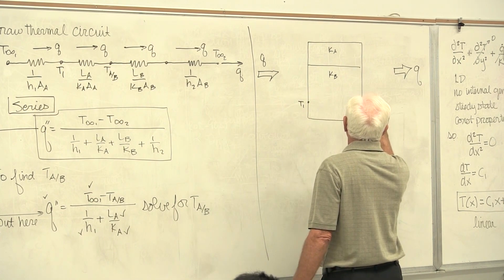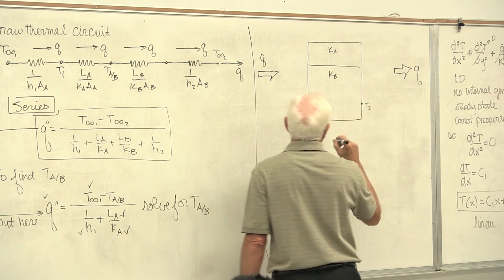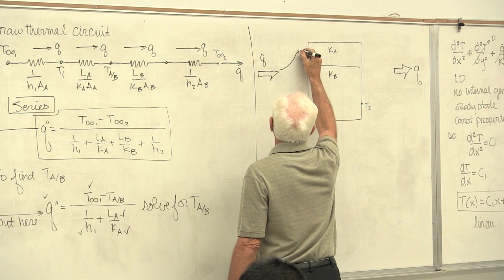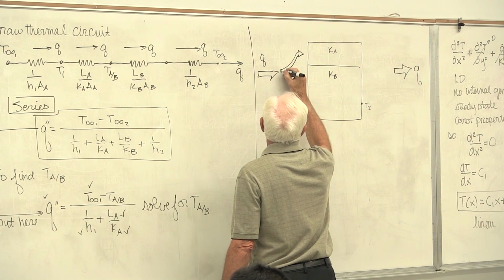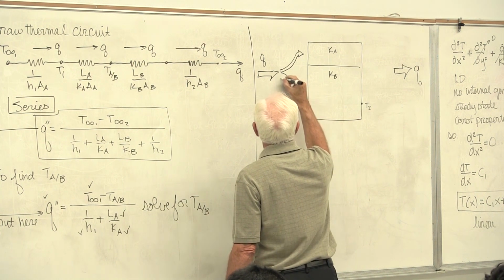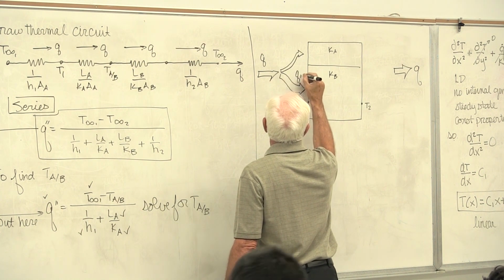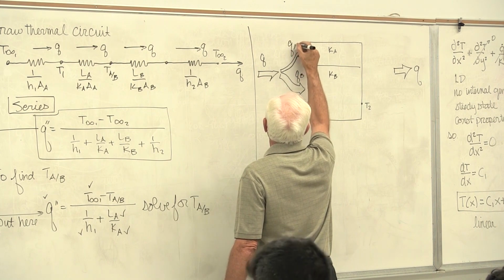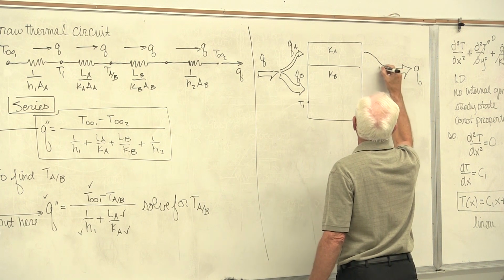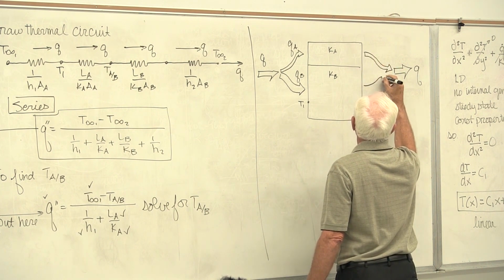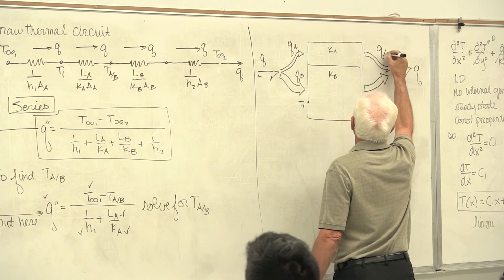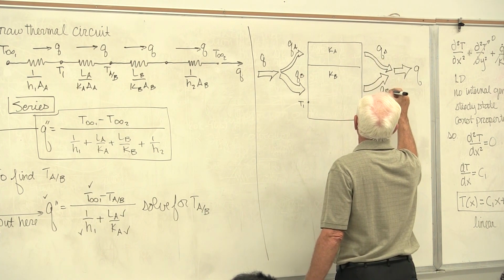I'm going to call this temperature T2. And now some of the heat goes through material A, and some of the heat goes through material B. QB, QA. And of course they recombine over here.